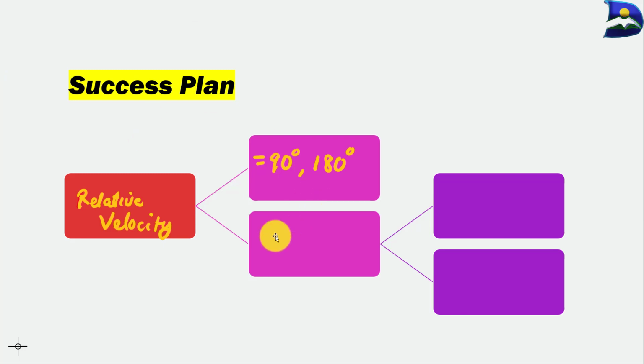However, in this video specifically, we're going to be looking at where our angle is not equal to 90 degrees or 180 degrees. So that means there's nothing like just directly north, directly east, directly west, or directly south. None of those are going to be addressed in this video.